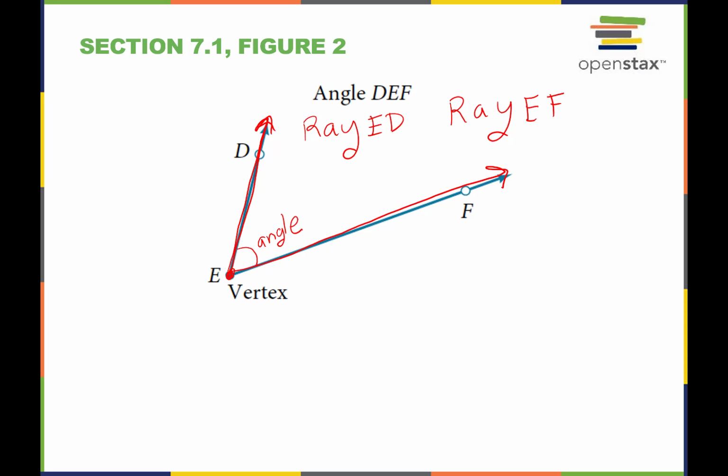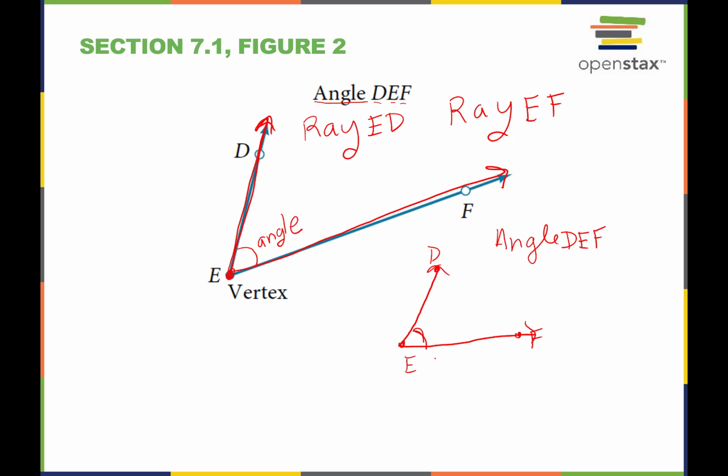And again, the way we label our angle is important. If I say this is angle DEF, when I go to draw it, if this is D, this is E, and this is F, if I label this as angle DEF, that means I start at D, I go to E, and I go to F. That would be this angle here.